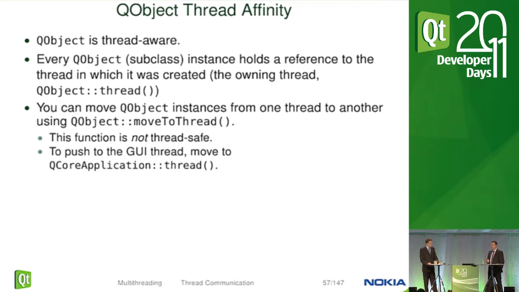But now, in Qt 4, you can have an object, and the thread affinity means that an object lives on a given thread. It emits a signal. That signal is executed in a slot on another thread. So if one object lives on thread A, another object lives on thread B, this object emits a signal on thread A. It will go and be processed in a slot on thread B. Right, we are getting to that.